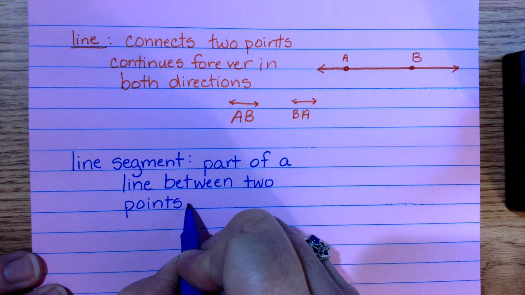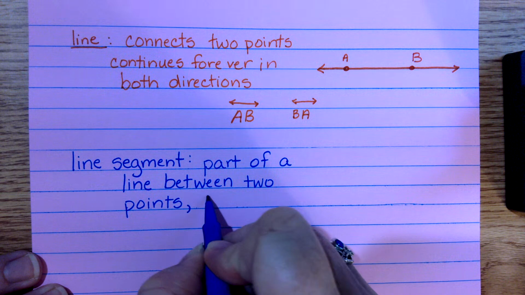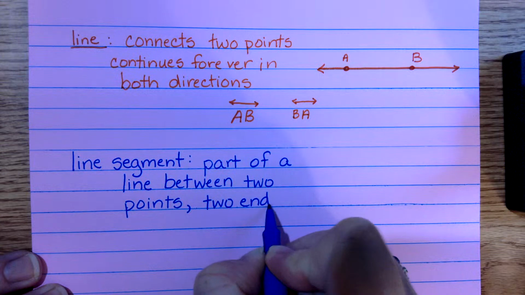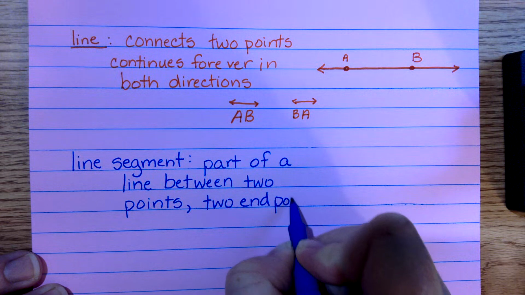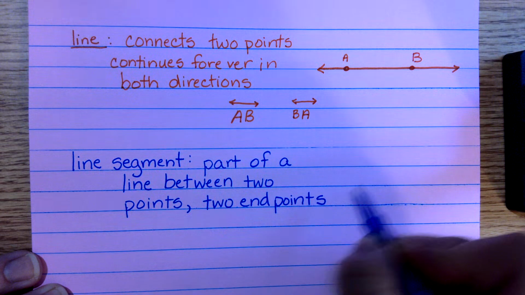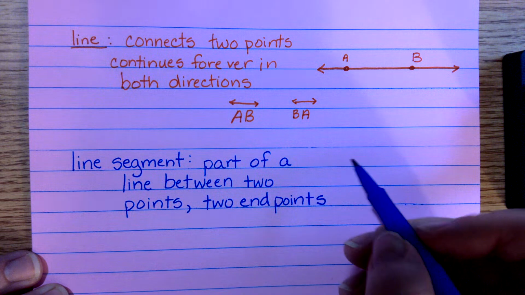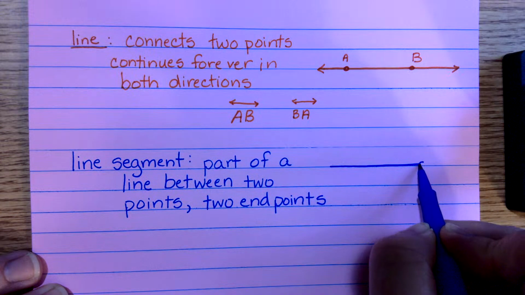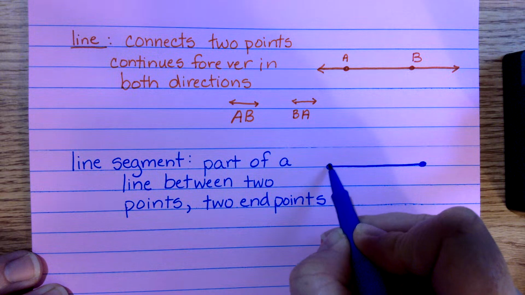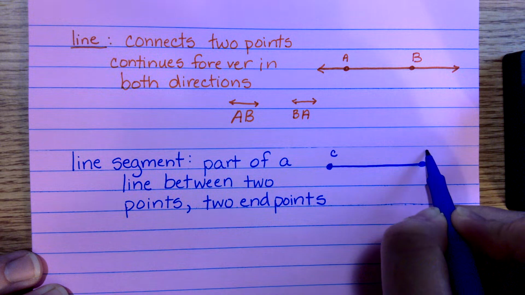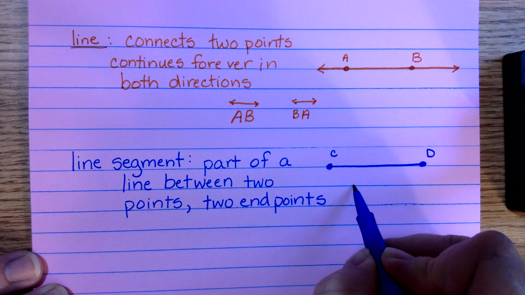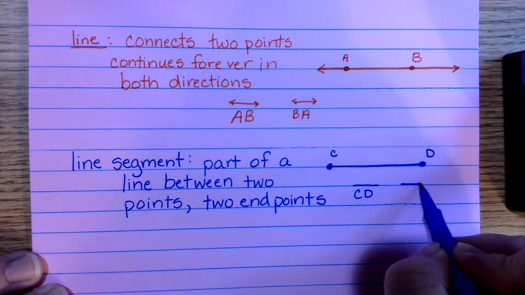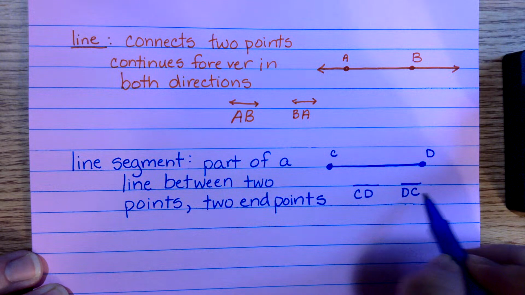So it has 2 endpoints is what we're going to call them. And again, they are named by the points on the line. So we're going to call this one CD, can also be called DC.